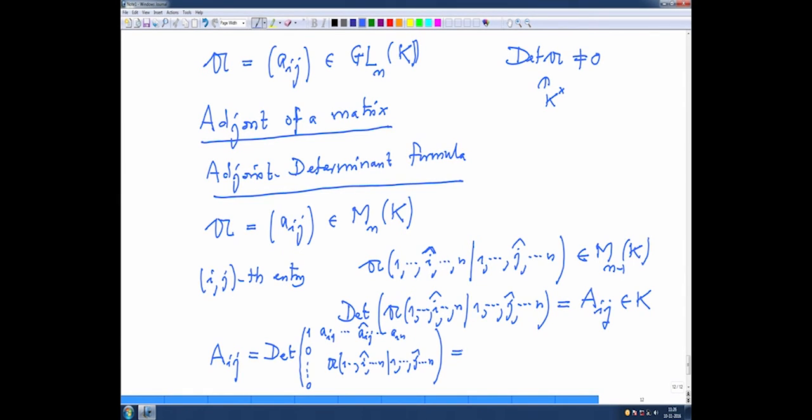minus 1 power i plus j, and then the matrix obtained from A by removing the jth column to be just 1 at the ijth place and 0 everywhere else.